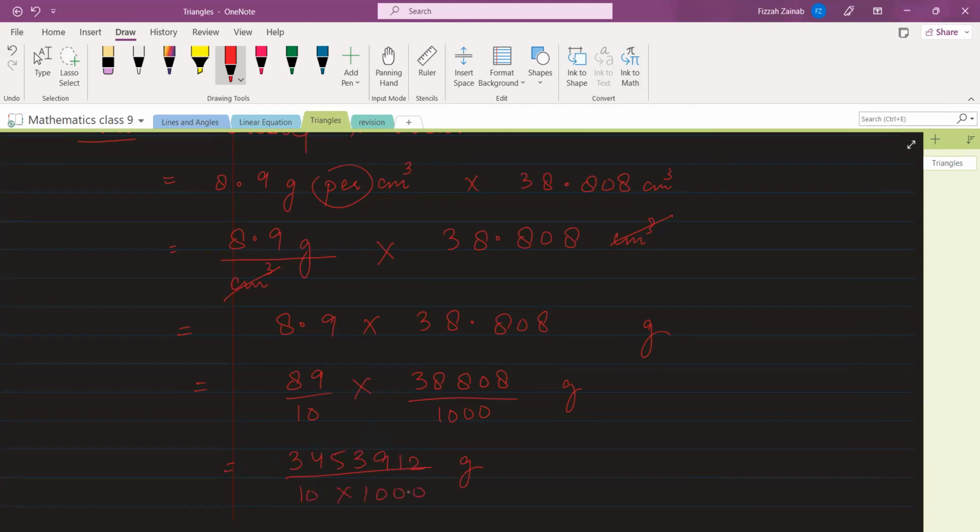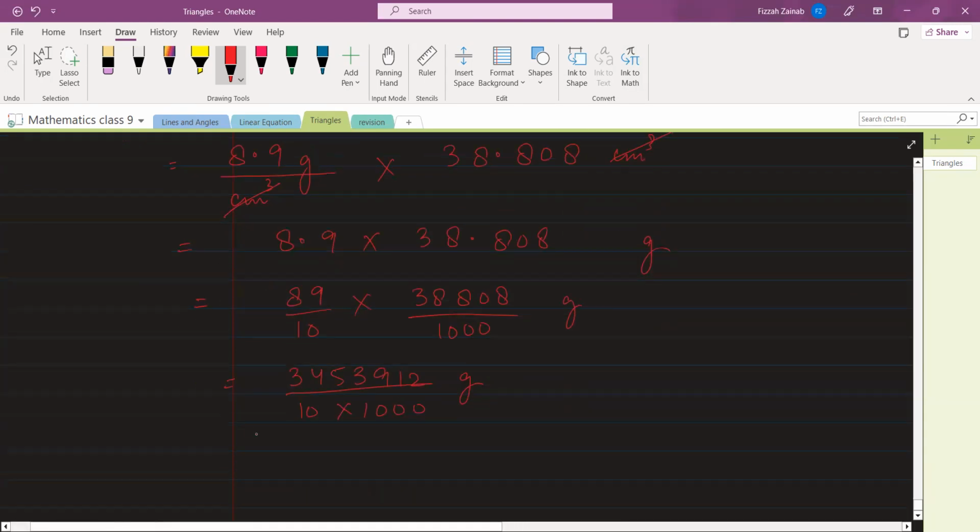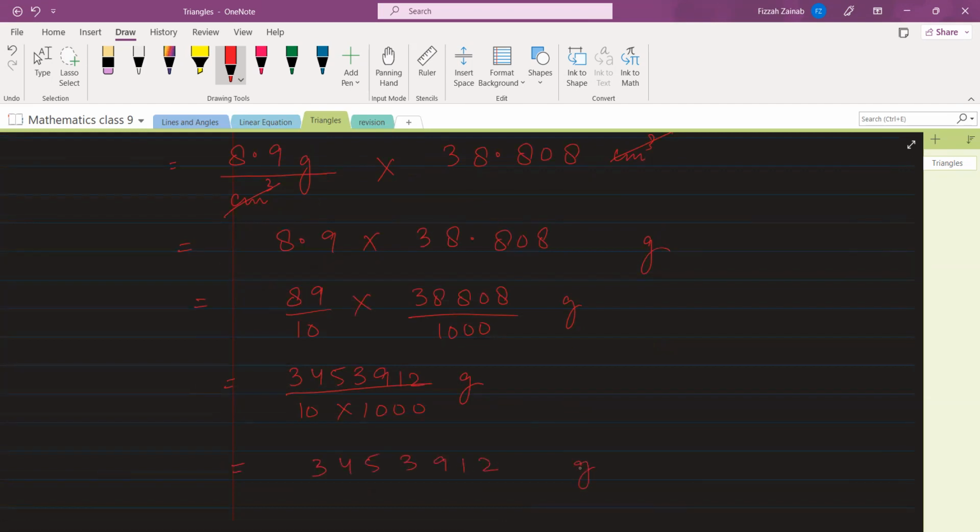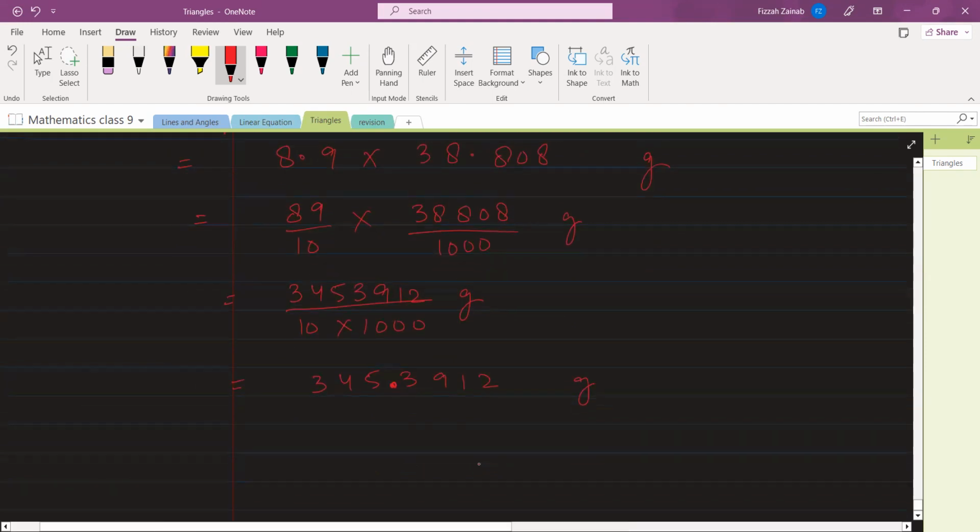Okay, so you put your decimal here now. First you write 3453912. Now start counting. 1, 2, 3, 4. So here you put your decimal, right? Now this is 4 places of decimal, so you can round it off a little bit. So 345.3912.